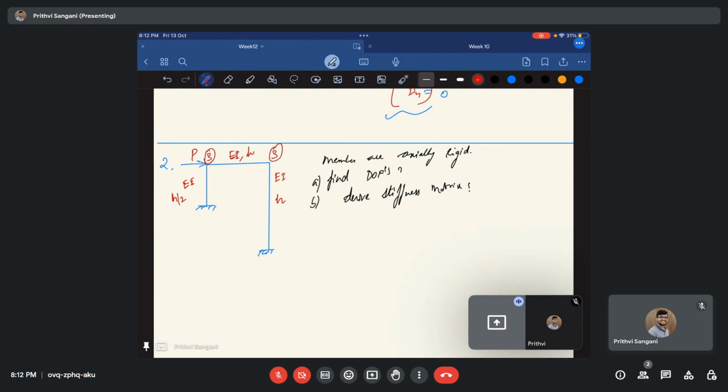So what are those three? 1, 2, 3. 1, 2, 3. All right, so three degrees of freedom here.